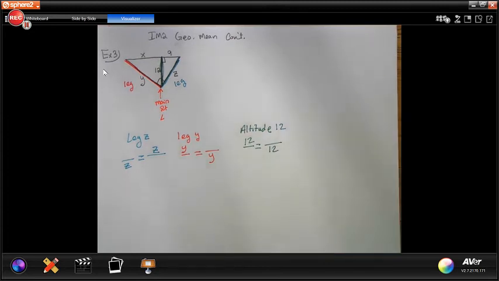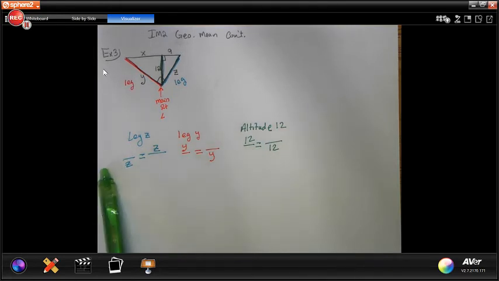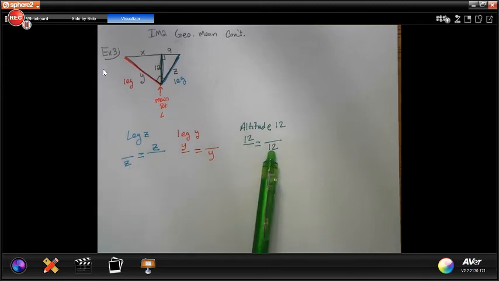Now we do the hops. I said before on the last problem that you have to look, and if any of those have a number, you start there. I have 12. That's a number, so I'm going to start there. I'm not going to start here or here because those are variables. When I have a number, those are easier to work with. You do the easy ones first.